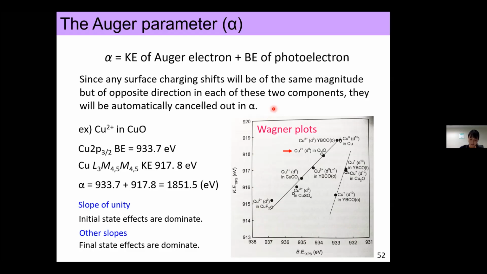This type of graph is typically referred to as a Wagner plot. A slope of unity, slope of 1, means initial state effects dominate, while other slopes mean final state effects dominate.